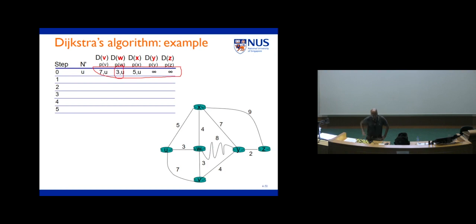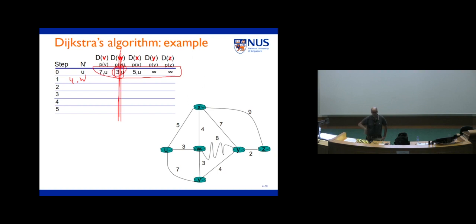This is the one with the least cost. Right? So my N prime now becomes U and W. Okay? Now W is done. I don't need to worry about W anymore. I know in order to go to W, I have a direct link. The predecessor node is U.